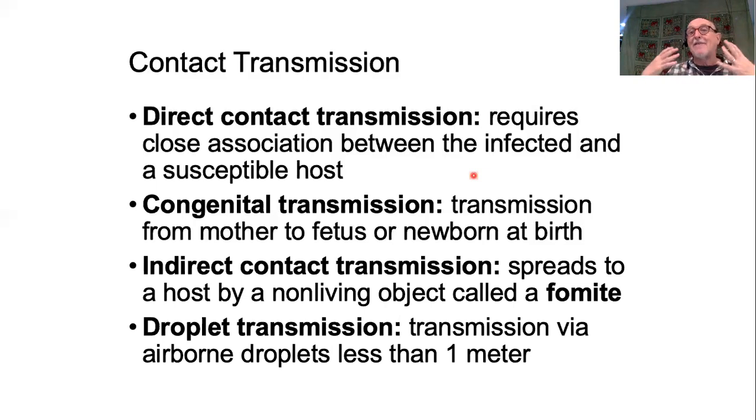And those droplets have a survival time in the air. We usually regard droplet transmission as being transmission by droplets within about a meter or so, which is where the 6 feet rule comes from for social distancing. It's 1 meter from this person, 1 meter from that person. Okay, gives you 2 meters, which is about 6 feet apart.